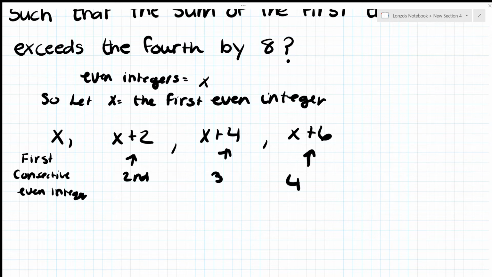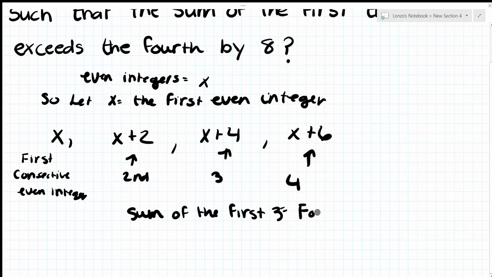Okay, so when they say the sum of the first three exceeds the fourth, let's see here.